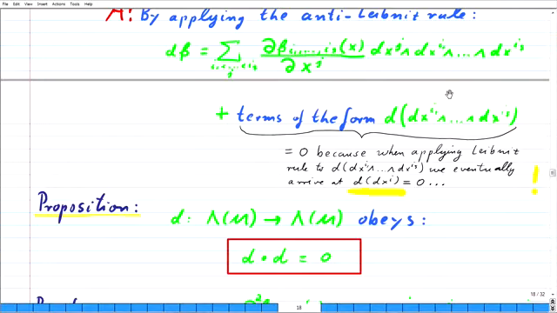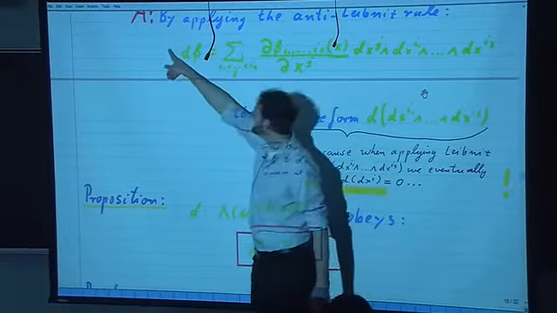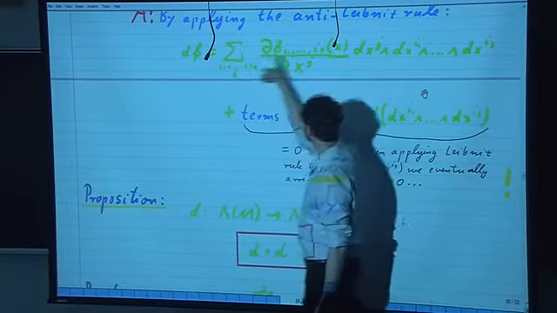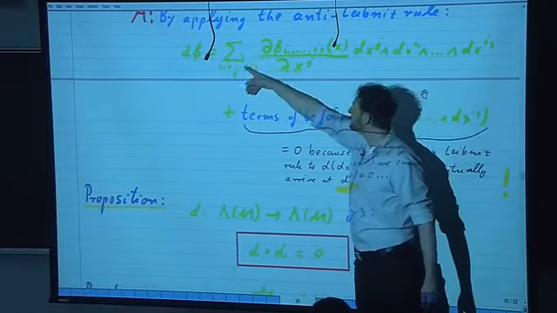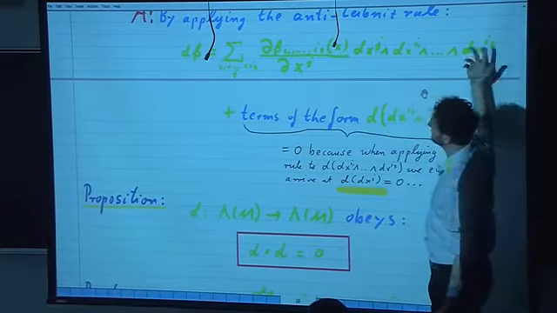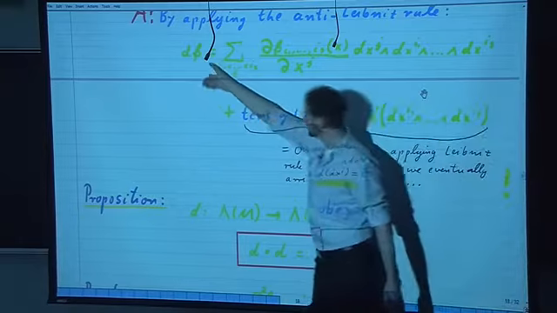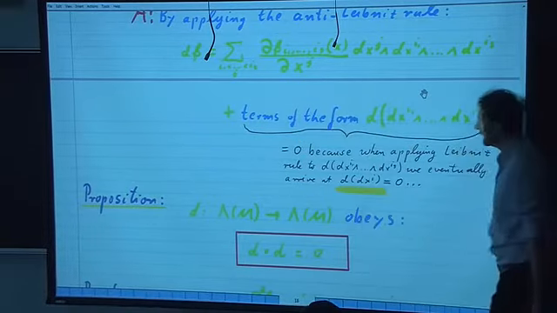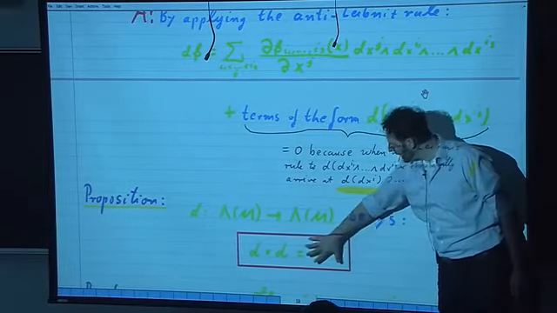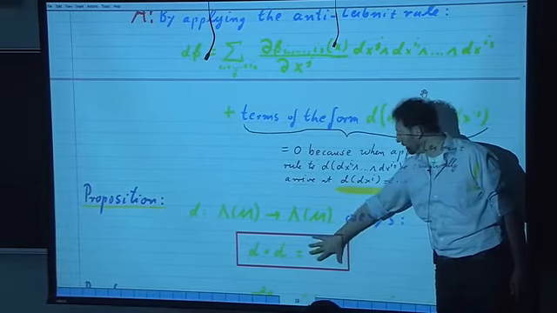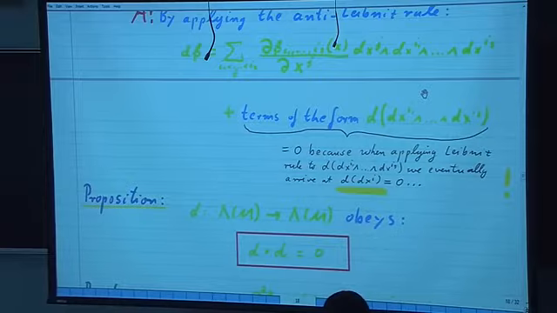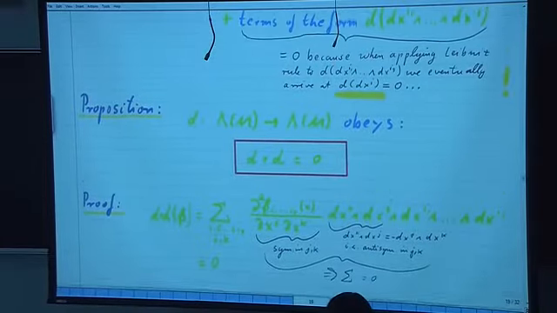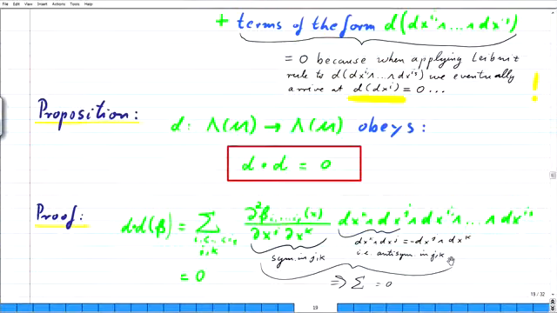So the proposition is that if you now apply the d again onto this, you get 0. The claim is that d applied to that is 0, no matter what beta is. This is a very important equation whose importance goes way beyond differential geometry. First, let's prove it, and then I'll tell you a little bit about it.